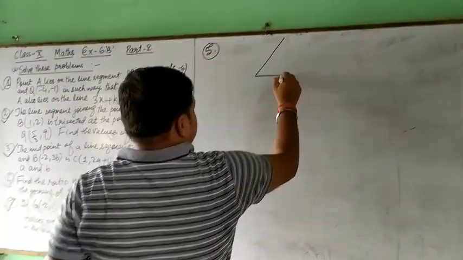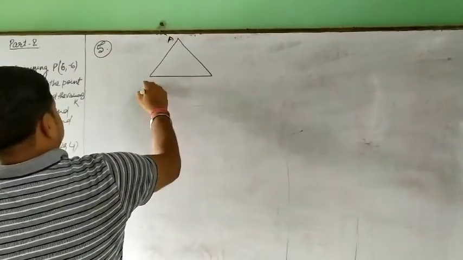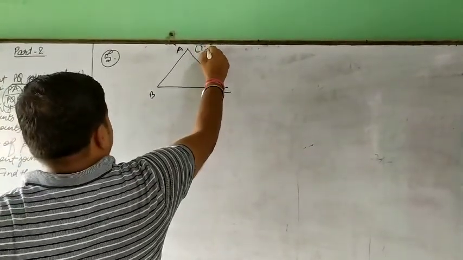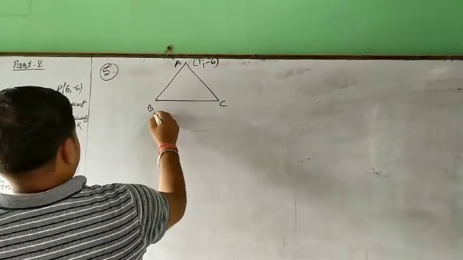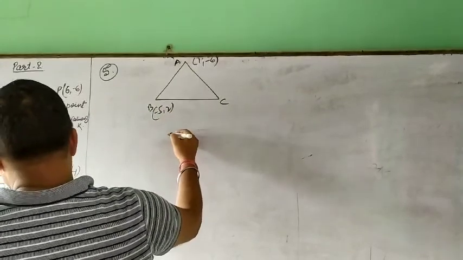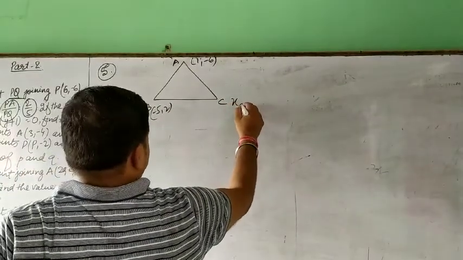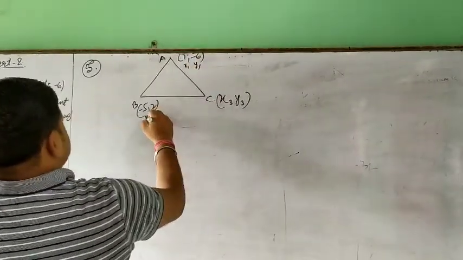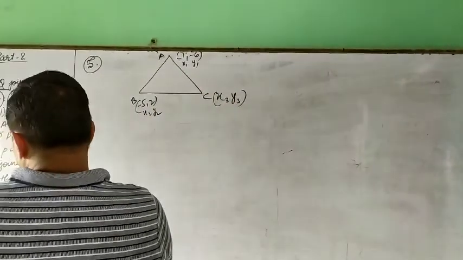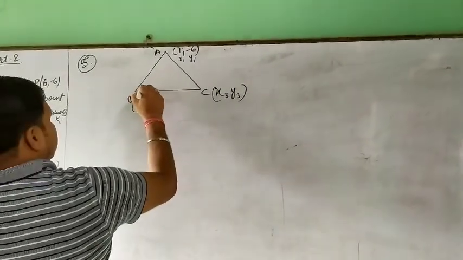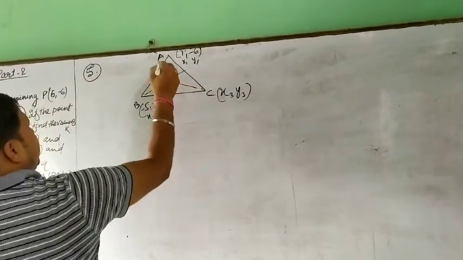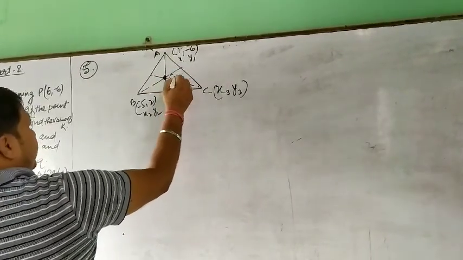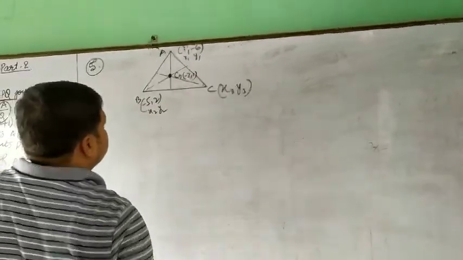Here a triangle A, B and C. Vertex of A equal to 1, minus 6, vertex of B equal to minus 5, 2, and vertex of C is not given, x3, y3. It's x1, y1, x2, y2, and x3, y3. And G is the centroid. This is the median of the triangle. This is the point G, and coordinate of G equal to minus 2, 1.